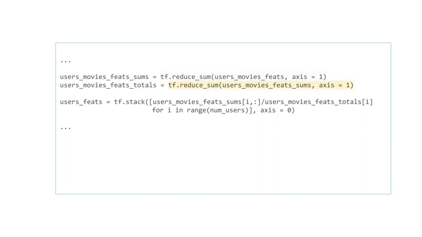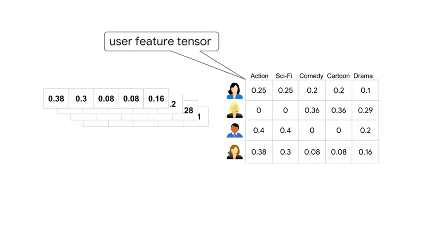Next, we find the total for each user, again using tf.reduce_sum with axis set to 1. The normalization is then just the result of dividing the feature sum by the feature totals for each user. In the end, we stack the resulting tensors together to get the final user's features tensor. This results in a user feature tensor where each row corresponds to a specific user feature vector.